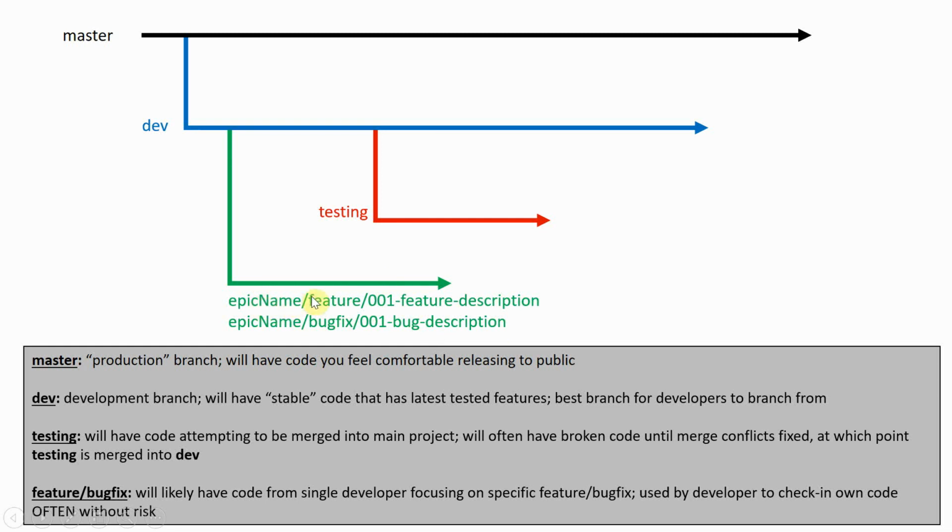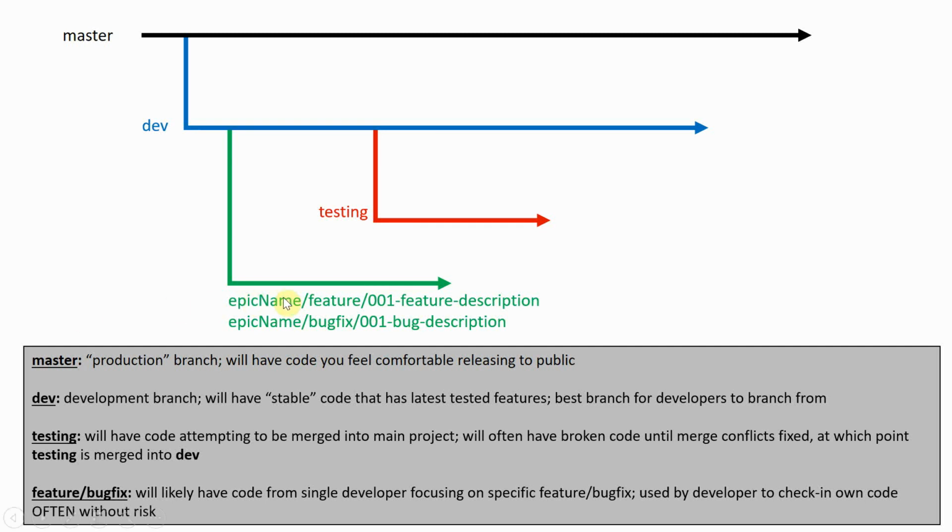Now, epic name, you could look at this a lot of different ways, but really it's a feature or a task that I'm working on that's maybe a part of a bigger thing. So maybe I'm doing a bunch of styling at the end of my app development. I do all the code up front, and then I have literally several weeks where all I'm doing is styling.